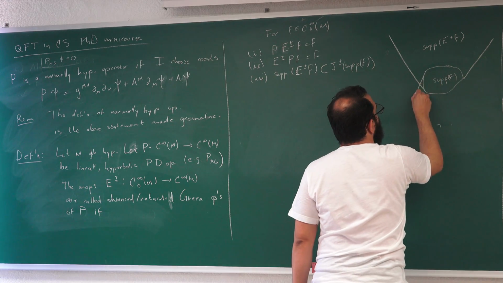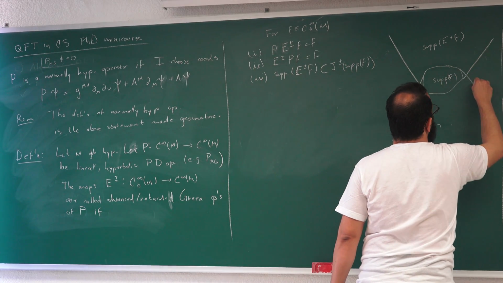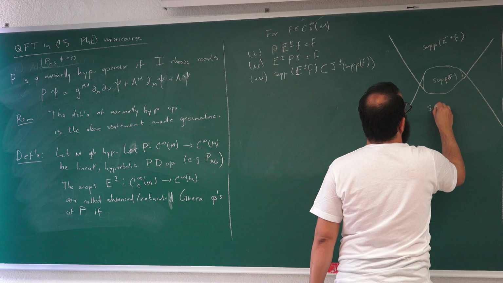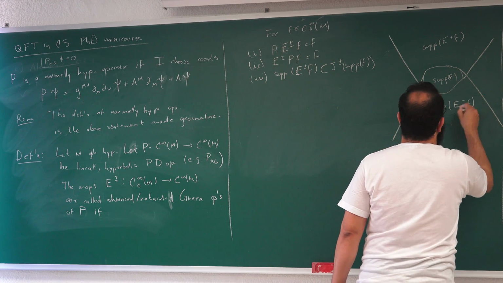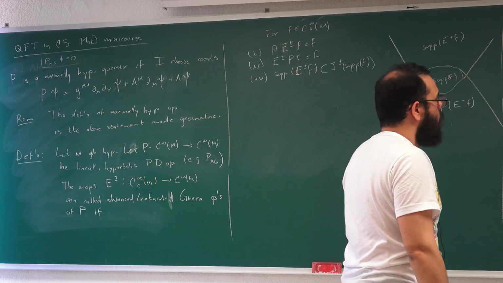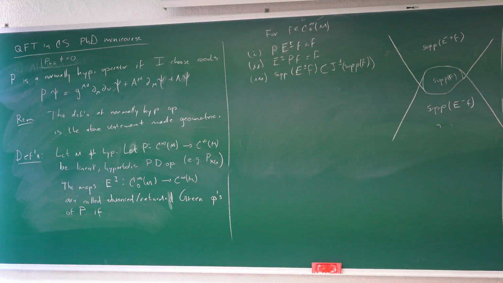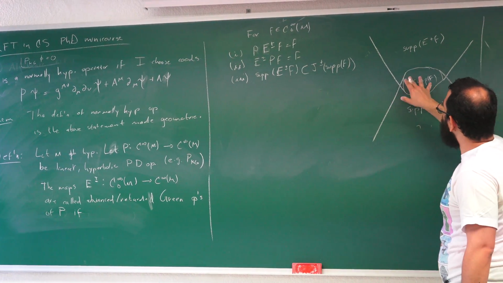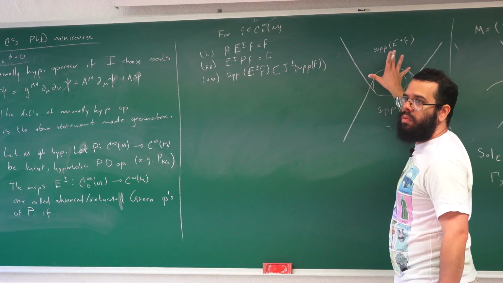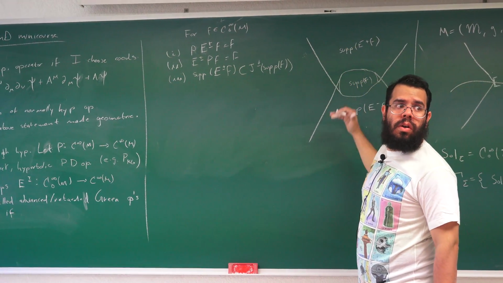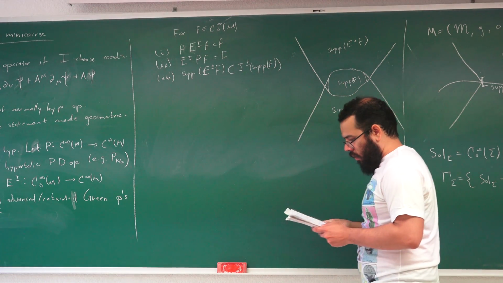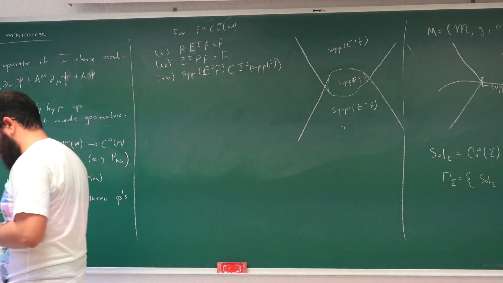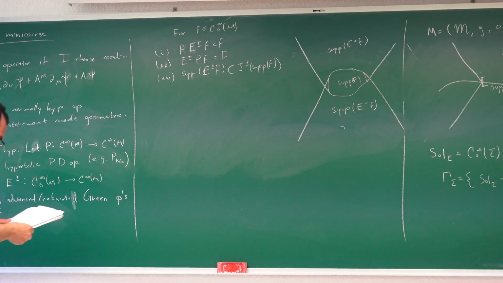And if I act with the advanced, I have the support of E minus F here. Okay? So I take a function, I act on it, and it gives me a function with support either to the future or to the past of the support of that function, where I acted on with these green operators.